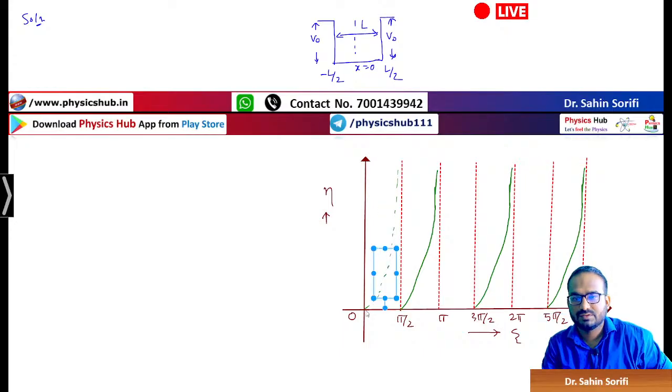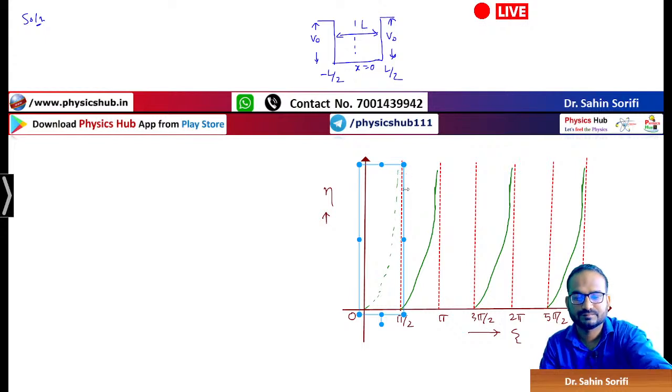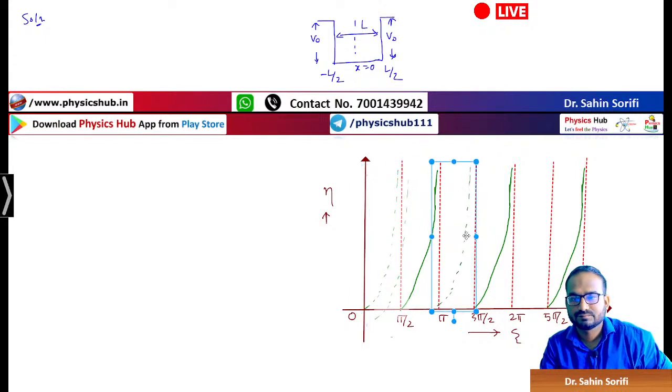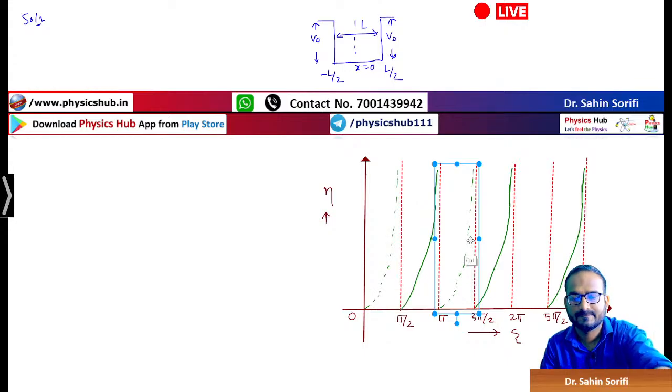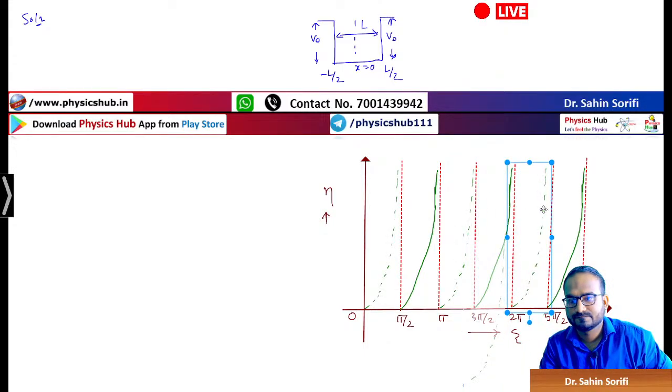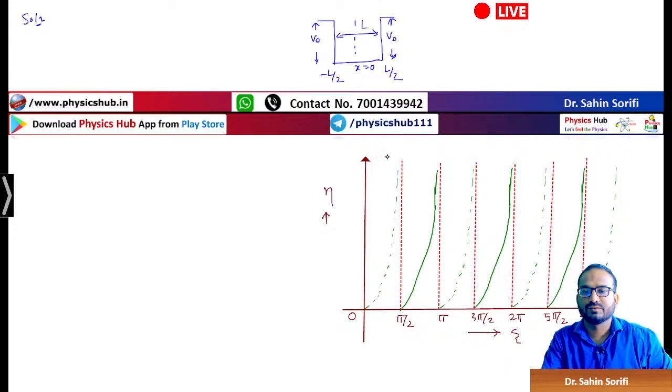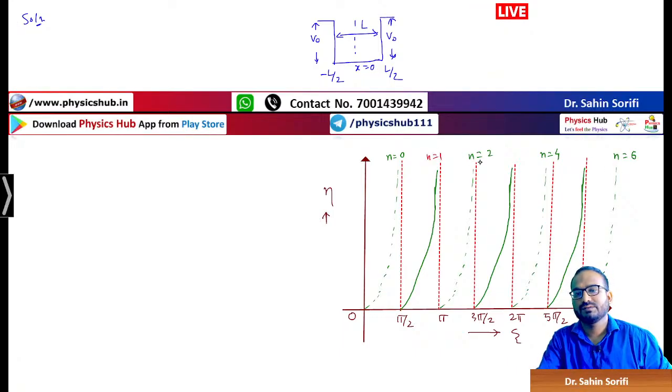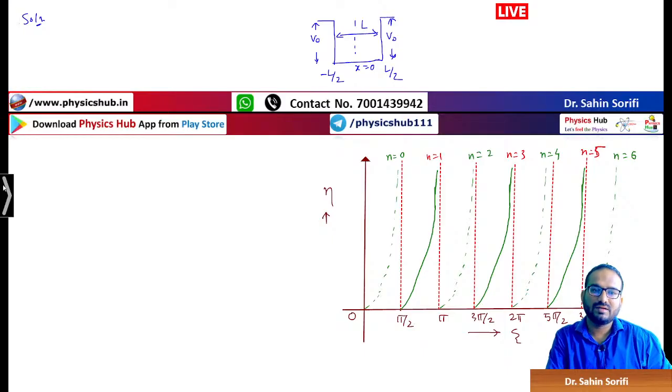And if you want to draw this, look, this is n equals 0, n equals 2, n equals 4, n equals 6, and this is n equals 1, n equals 3, n equals 5.